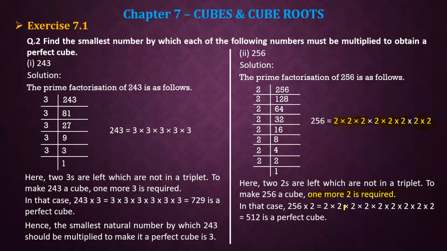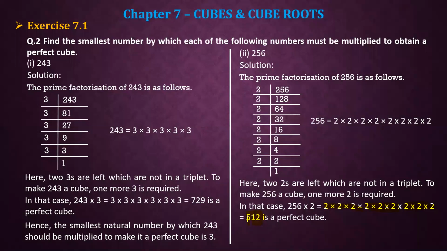So here you can see that they are forming triplets: first triplet, then second triplet, and then the third triplet. Now all the triplets are there. Therefore, the given number 512 is a perfect cube.